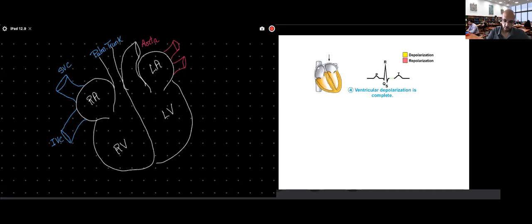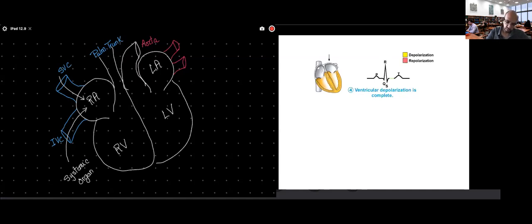Remember, the blood flows in this pattern. So it travels from a systemic organ through veins, either superior or inferior vena cava, to the right atrium.